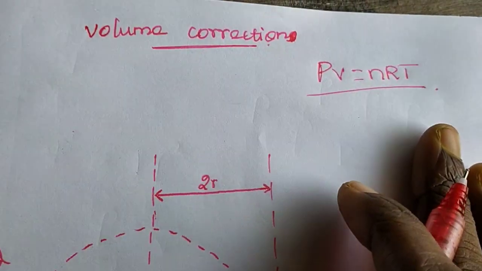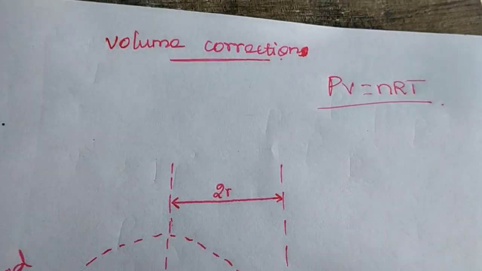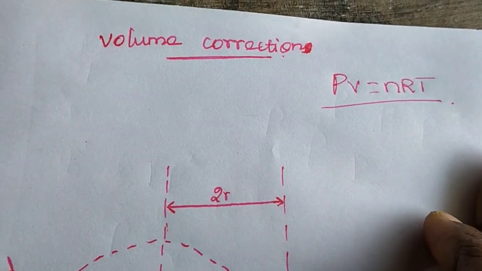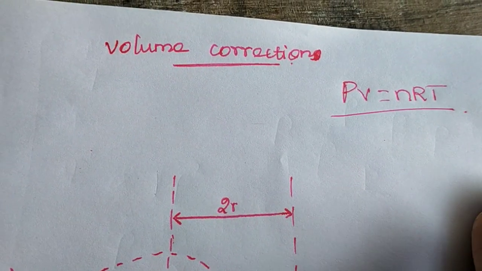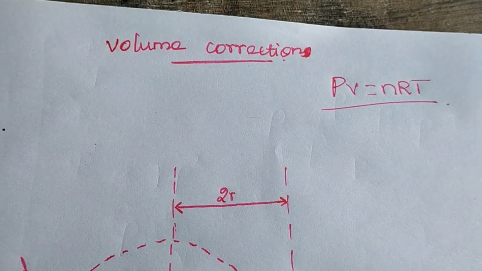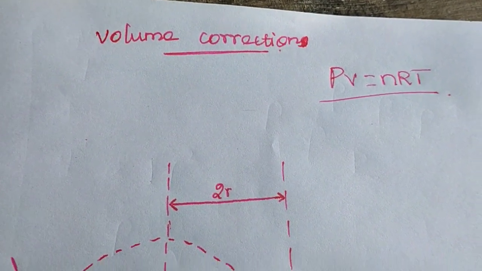That's why Van der Waals did a mathematical analysis of real gas with the correction of volume and pressure. First we learned the pressure correction. The pressure correction is explained by the density of molecules increasing the pressure.